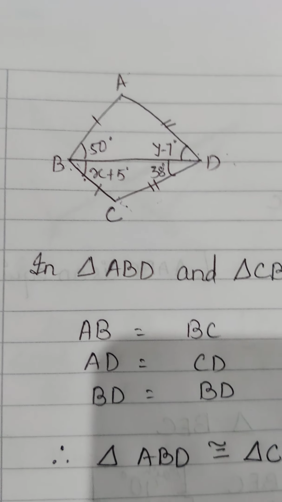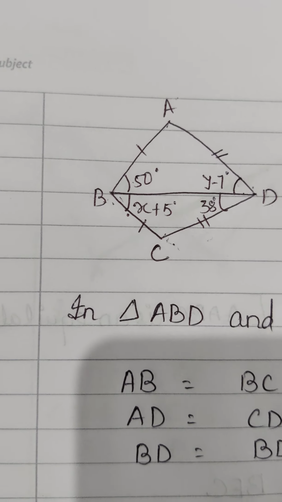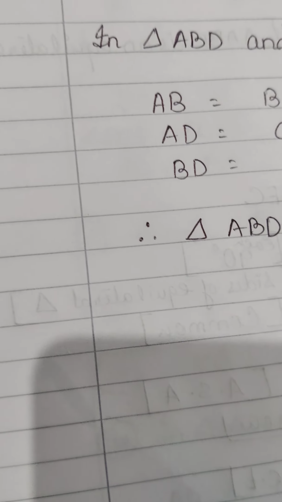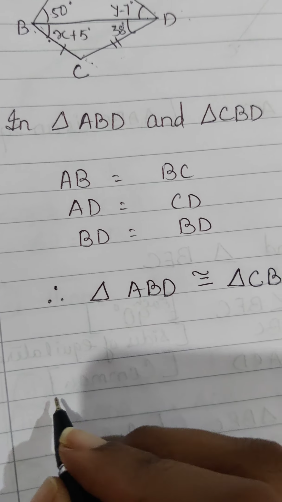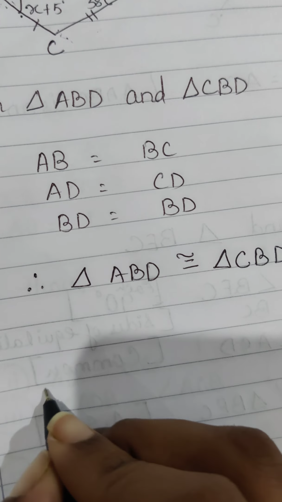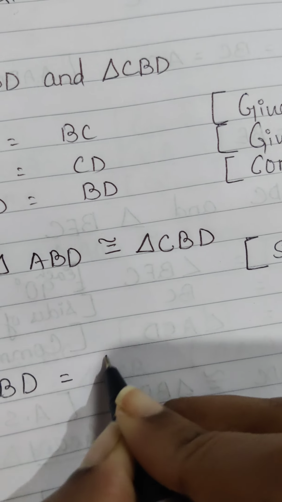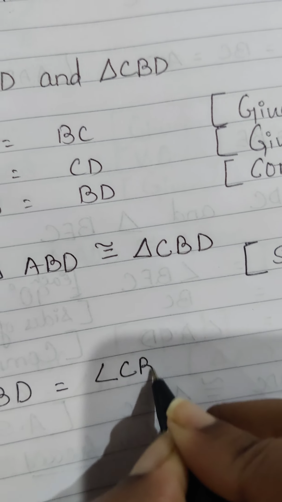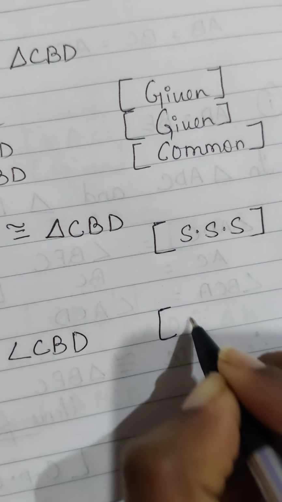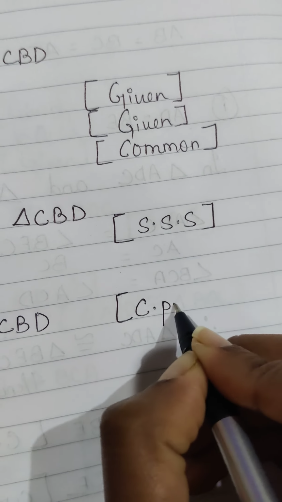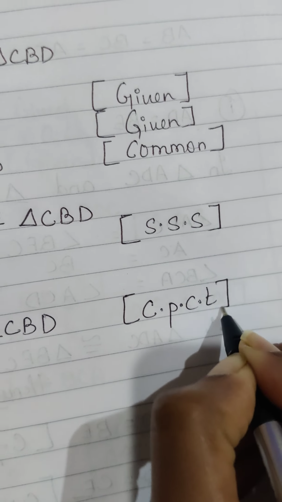So accordingly we will frame the equation and find out the value of the variables. So we will write, first of all, angle ABD is equal to angle CBD. The reason will be corresponding parts of congruent triangles.